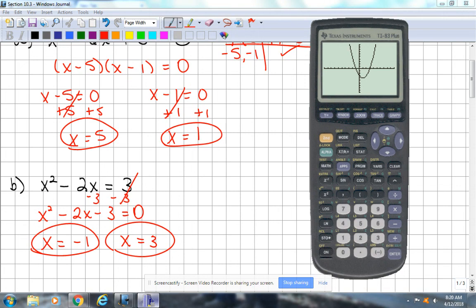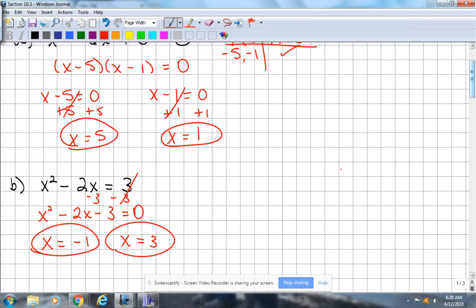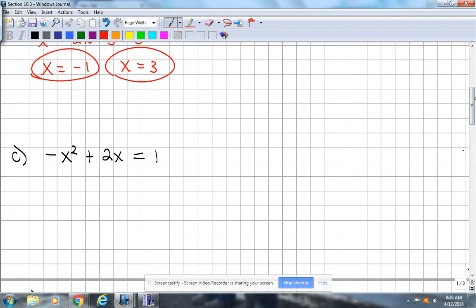Okay? All right. Let's do one or two. We haven't done a negative one yet. Let's do this one. What's the first thing we have to do to this equation? Yes. So we subtract the 1 on both sides.